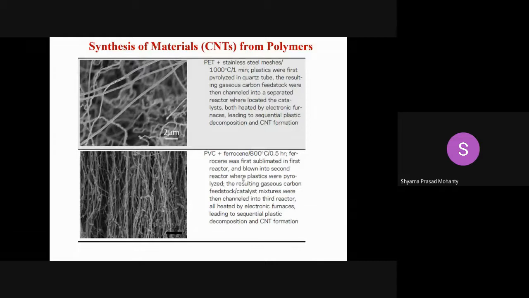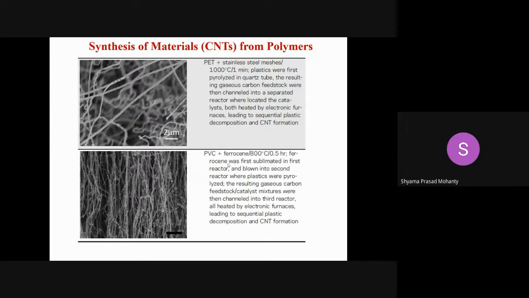Using some stainless steel mesh and heating it for pyrolysis in a quartz tube, these kinds of carbon nanostructures have been formed. And using polyvinyl chloride with ferrocene and heating it in an atmosphere where pyrolysis occurred, those kinds of beautiful carbon nanostructures have been obtained.